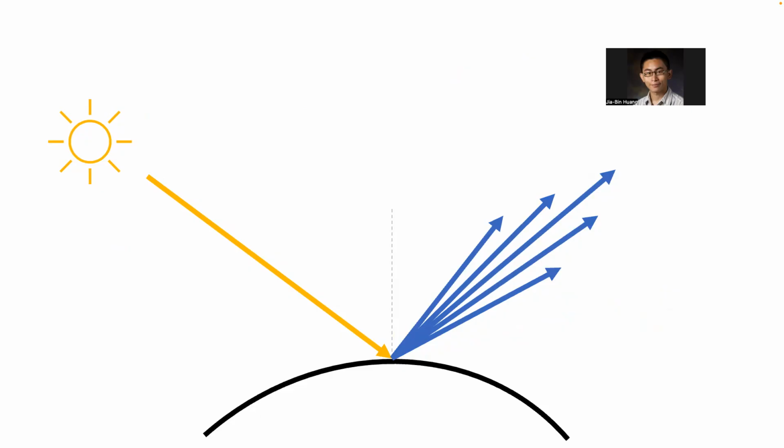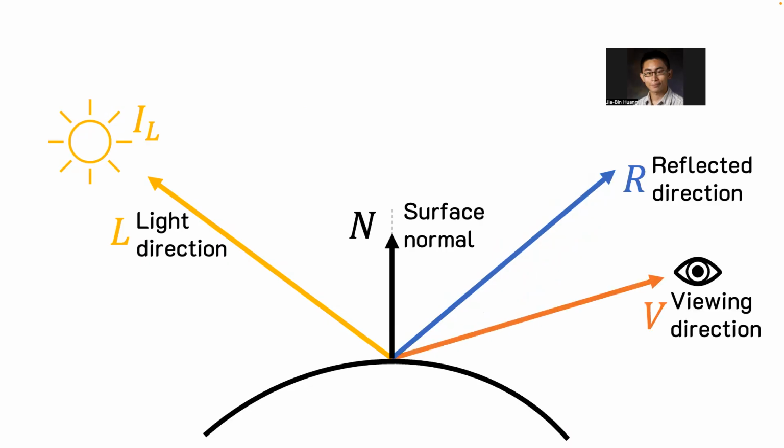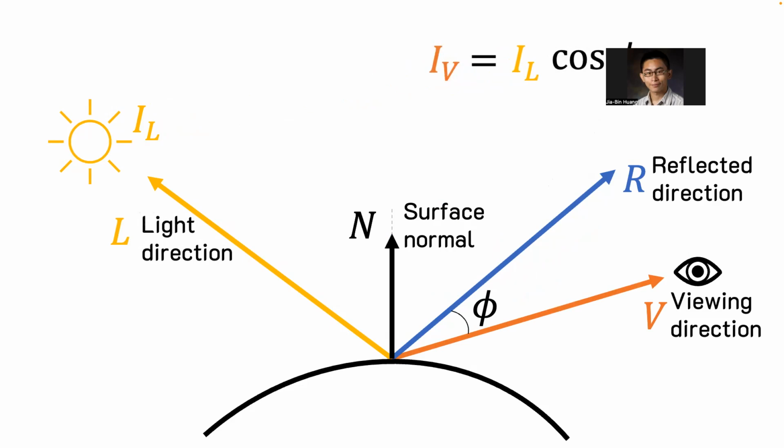So I want some mathematical equation that tells me that if the viewing angle is directly at the reflection angle, then it will be the maximum, and if it's deviated, it will be smaller. One mathematical characterization is taking the cosine phi. Okay?